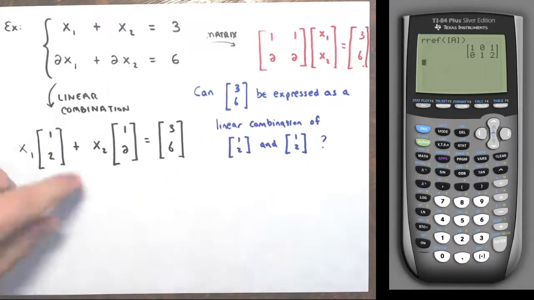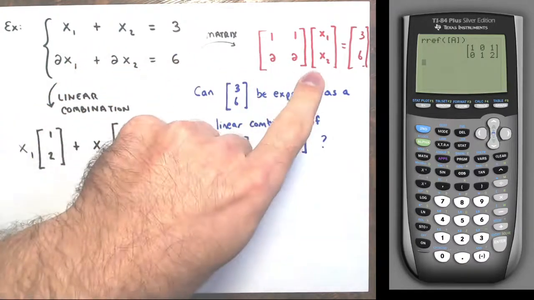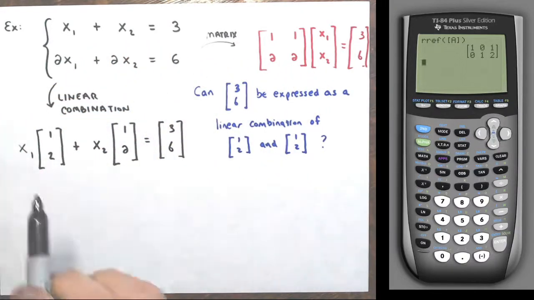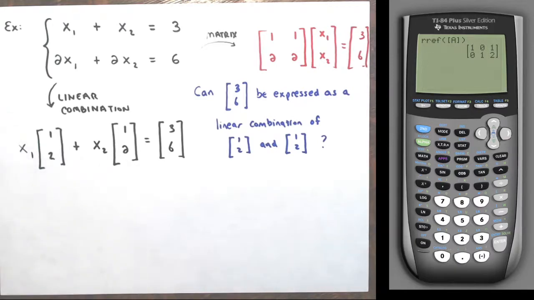All right, so solving this system is the same as solving this matrix equation, and the same as solving this linear combination, right? Finding the weights, finding the x1 and x2. All right, so now I'm going to get to solving.